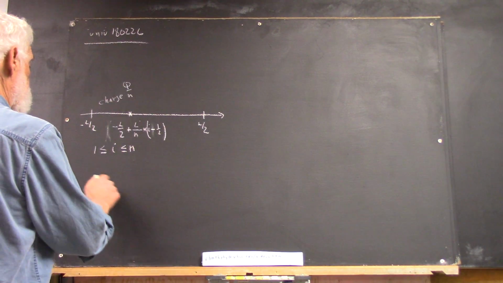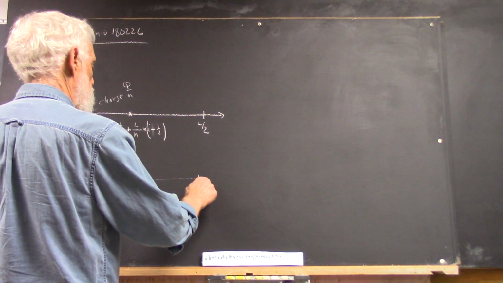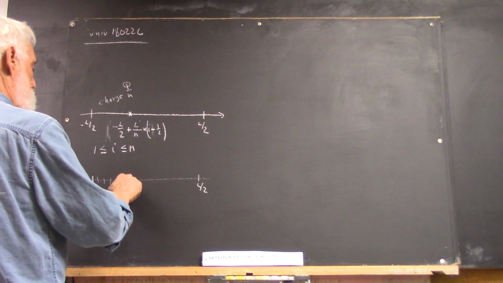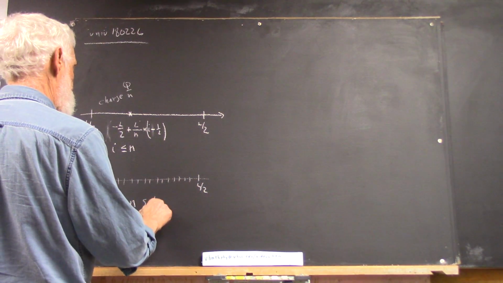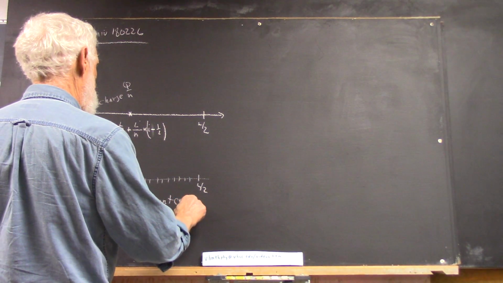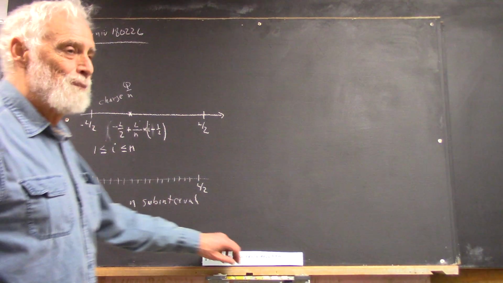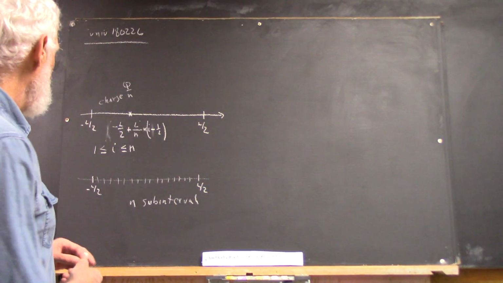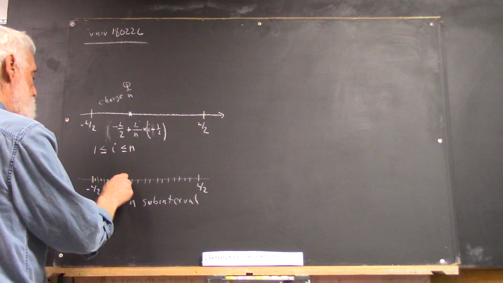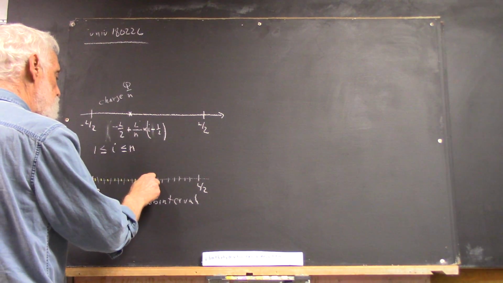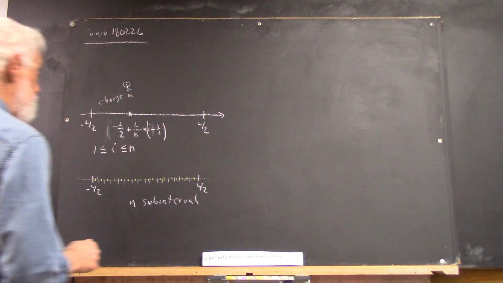So what you've essentially done is this divides the interval from negative L over 2 to L over 2 into n subintervals. And these are the midpoints. I really want to draw all those midpoints, but what the heck, it doesn't take that long.